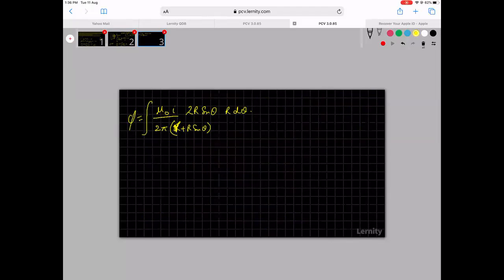This is equal to the flux, that is mu naught I by 2 pi into (r plus R sine theta), the 2 cancels, R squared sine theta d theta. Okay, so I have to do the integral of this, from pi by 2 to 0. Now my problem is I won't be able to do the integral for this. If somebody can help us out, then it will be easy.